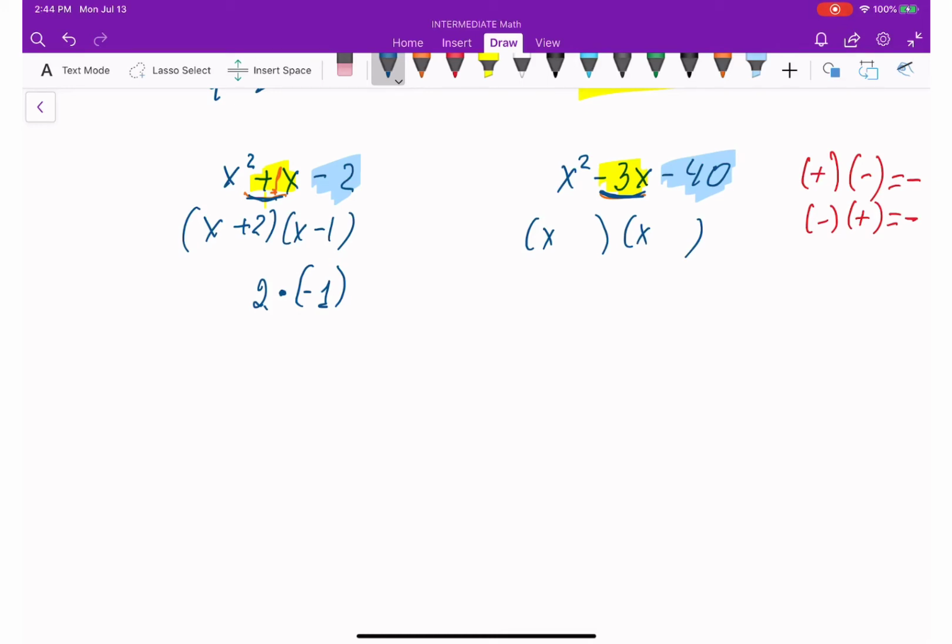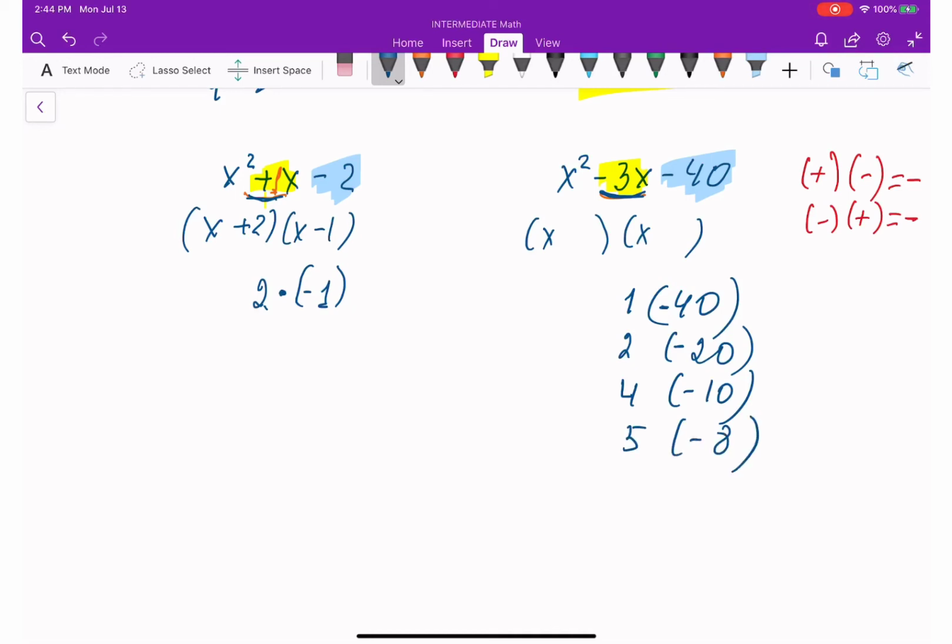Negative 40. Okay, 1 and 40. Since the biggest number has to be negative, I put here negative 40. Next, 2 and 20. 20 is the bigger number, put it negative. What else? 4 and 10. 10 is the bigger number, it is negative.